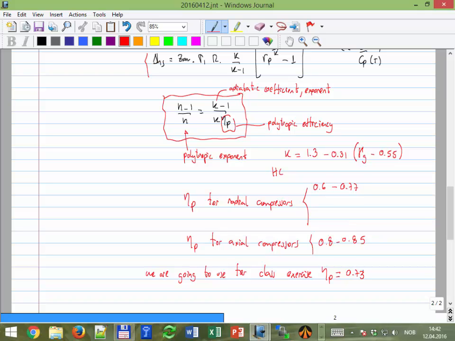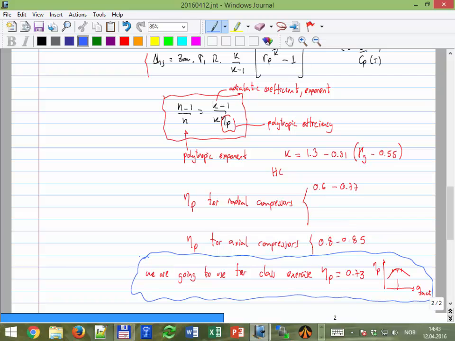We know it's going to change with the rate, but we are going to keep it fixed, more or less 0.73. That means that it's quite flat. We are assuming that even though we know it has this behavior, with the actual rate on one axis and the polytropic efficiency on the other, we are trying to operate the compressor in the flat, more or less constant area. That's an assumption that we are going to make.